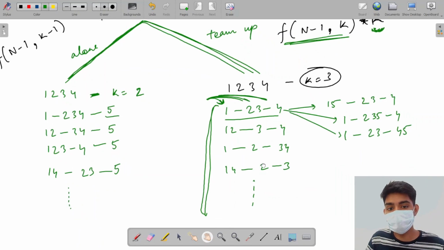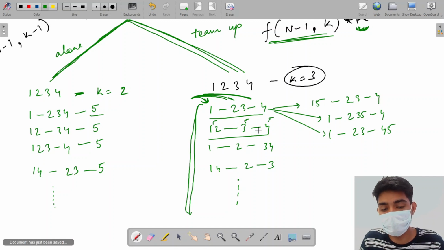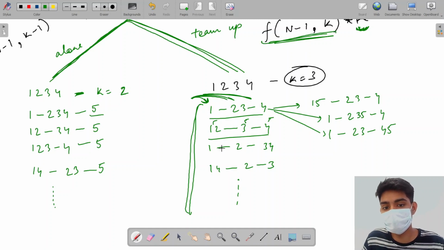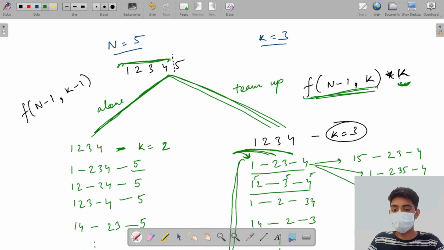I can get these things from just this one. Similarly for 1, 2, 3 and 4, I can attach 5 here, here, and here. So 5 is attaching itself in k number of ways for all the ways that it has returned me, right? So this is going to be my answer. I hope you understand this part. This is very crucial to how we are going to solve this question.